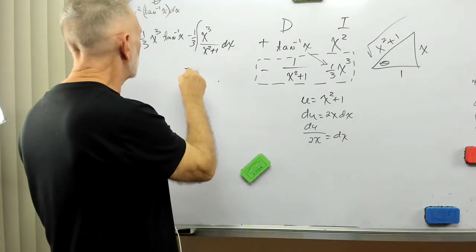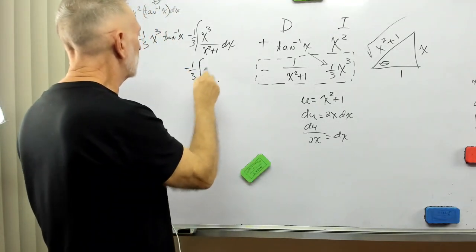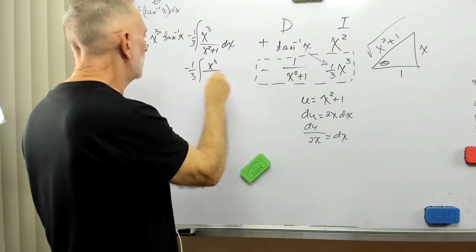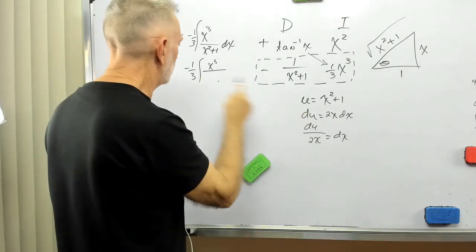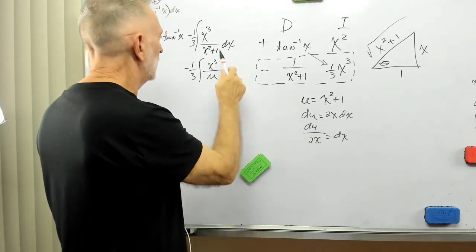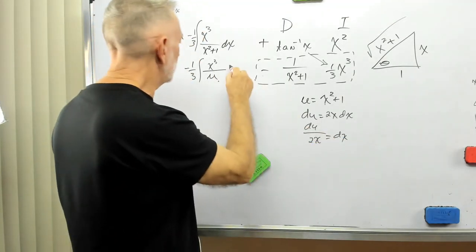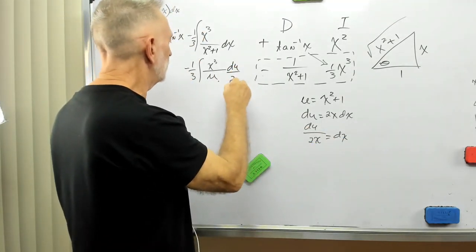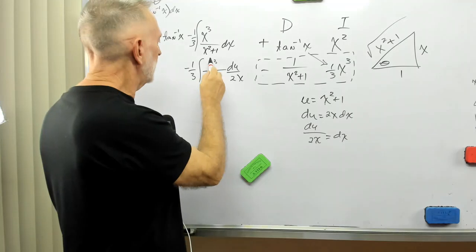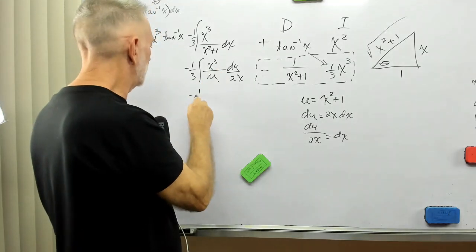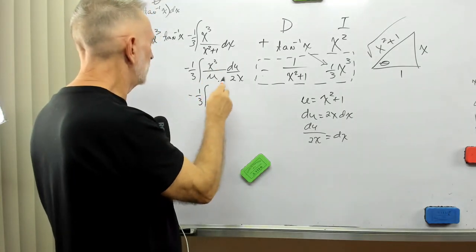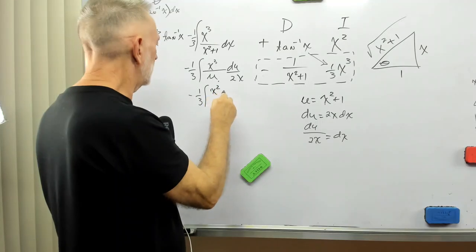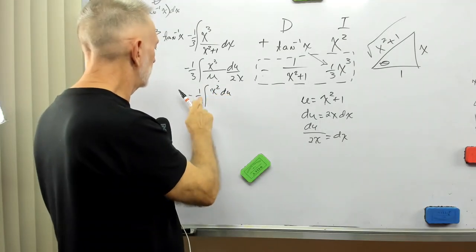So now we'll work with this one. 1/3 the integral of x cubed over u, and then dx is du over 2x. So that cancels one of those.